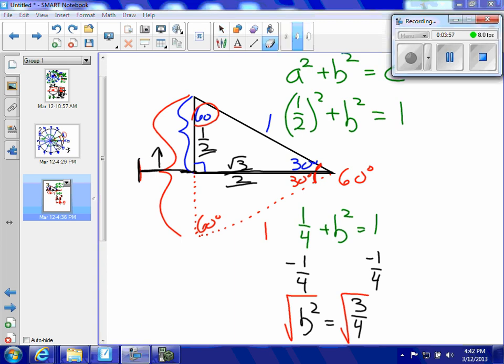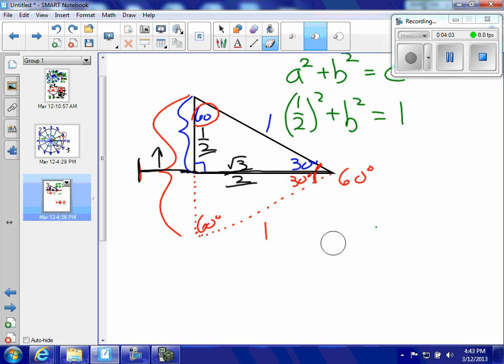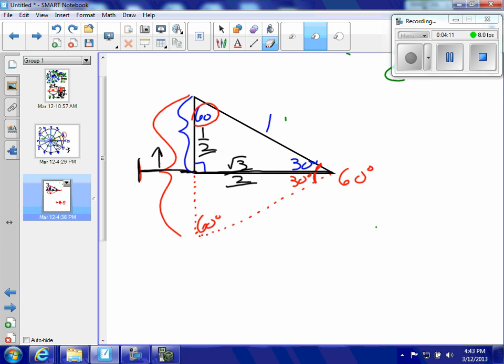And I want to bring this back a little bit to some trigonometry. So I'm going to erase this right here. Bring it back to a little bit of our trigonometric functions. Sine is equal to opposite over hypotenuse. Let's write it up here.